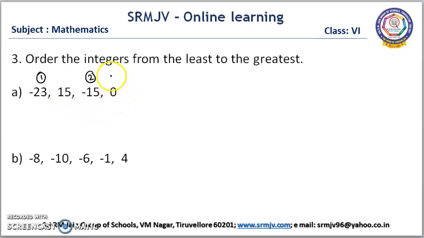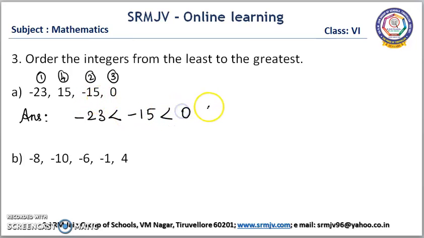From these two, 0 is the next smaller, 15 is the greatest number. Now we have to arrange the integers from the least to the greatest. The least one is minus 23, the next one is minus 15, then 0, then 15 is the greatest integer.